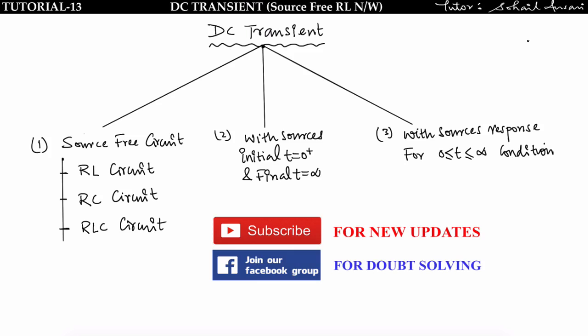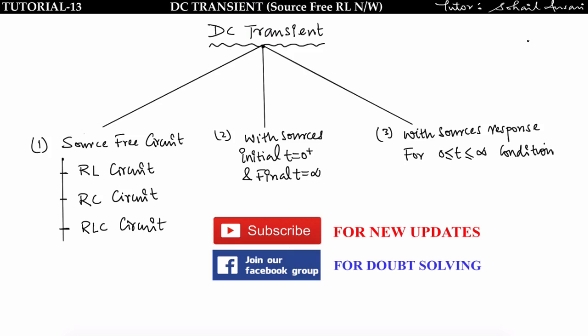Now I will make the circuit at t is equal to 0 plus, and at t is equal to 0 plus we will replace the inductor by one current source having value IL of 0 plus, that is equal to IL of 0 minus, and we can easily find the response at t is equal to 0 plus.